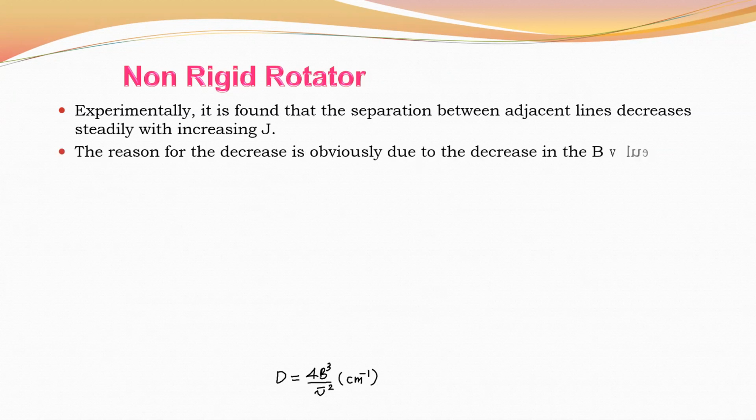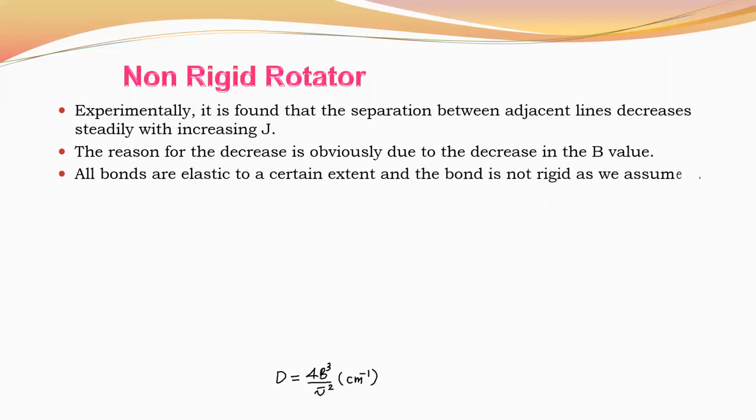The reason for this decrease is obviously due to the decrease in the value of B. Then how does it happen? It is because all bonds are elastic to a certain extent, and the bond is not rigid as we assumed.